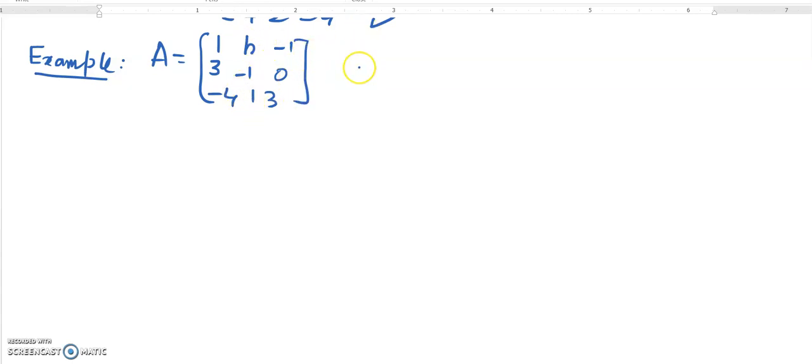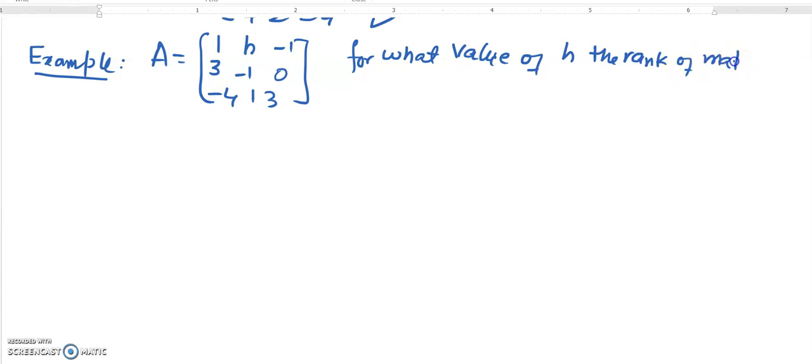So for this matrix, for what value of H will the rank of matrix A be 2? Okay, that means H can have any value, but for a certain value of H, the rank of matrix A will be 2. So what will be that value? That we have to find.